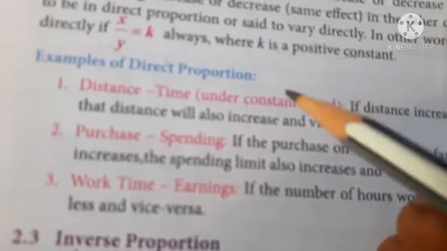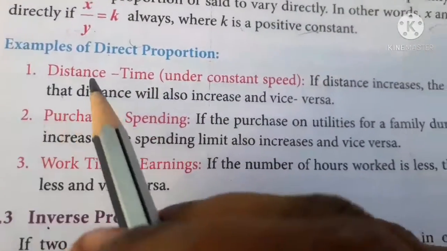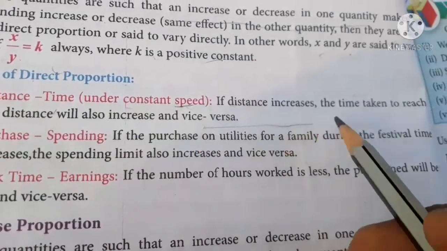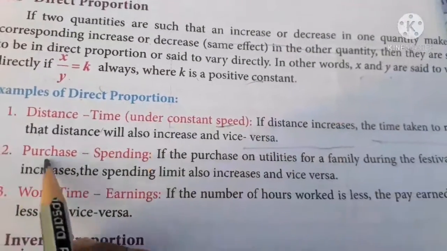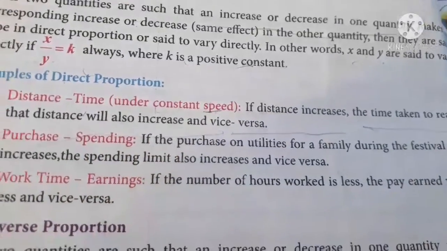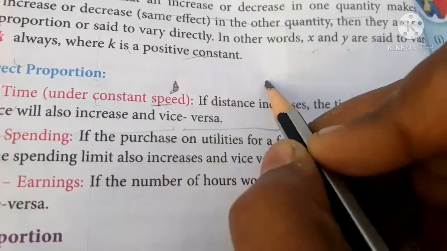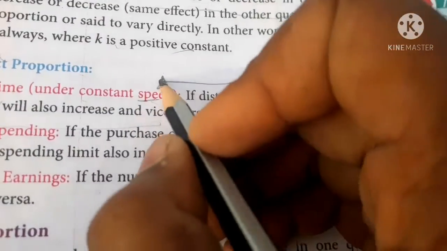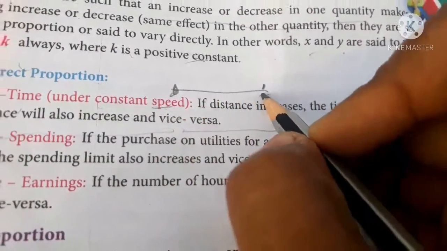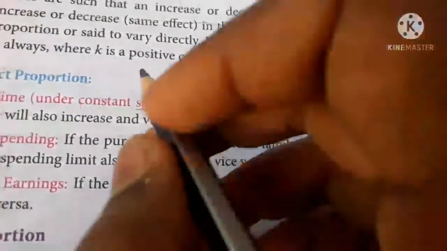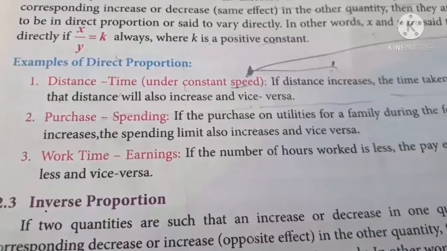Let us see some examples of direct proportion. Distance and time. Under constant speed, if the distance increases, the time taken to reach it will also increase, and vice versa. If you are moving from here to here, the distance is small, so the time will be small. But from here to here, the distance is big and the time will also become more.